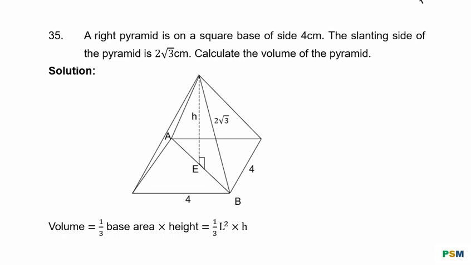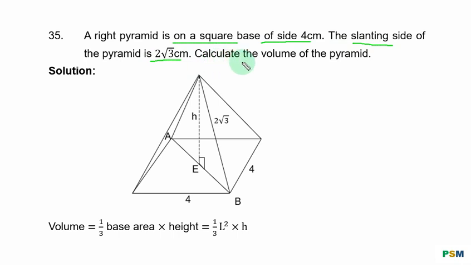Example 35. A right pyramid is on a square base of side 4 cm. The slanting side of the pyramid is 2√3 cm.